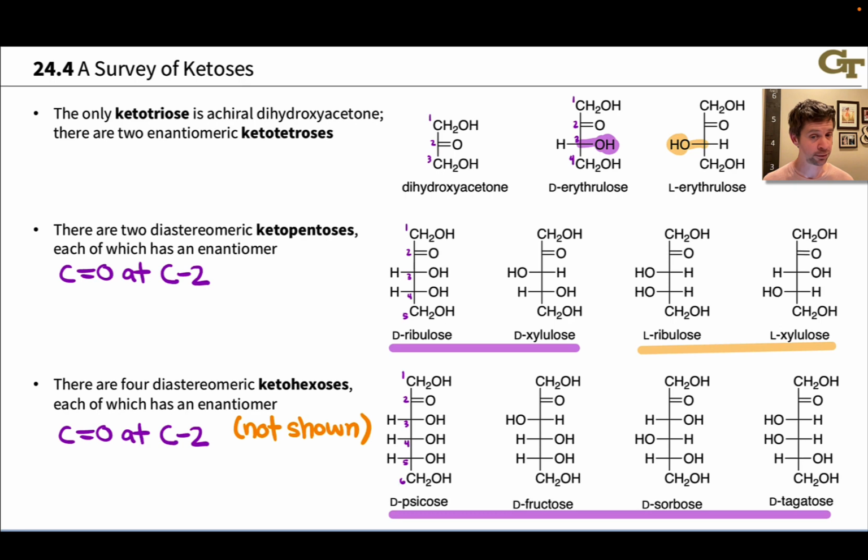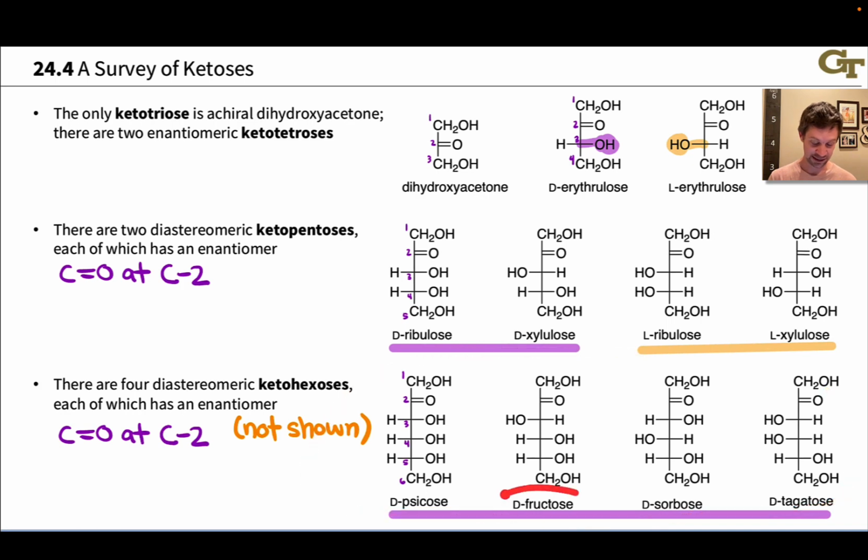Now with the ketohexoses, well, now we've got 3 stereocenters, carbons 3, 4, and 5. We've got 2 to the 3rd power, or 8 ways to arrange those configurations, so 8 stereoisomers. We've got 4 diastereomers and an enantiomeric set of those 4 diastereomers, and the D set is shown right here.